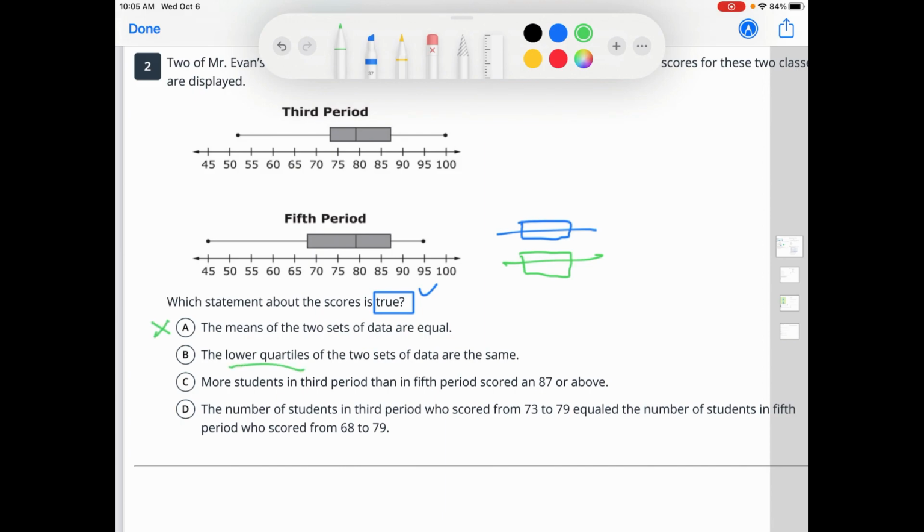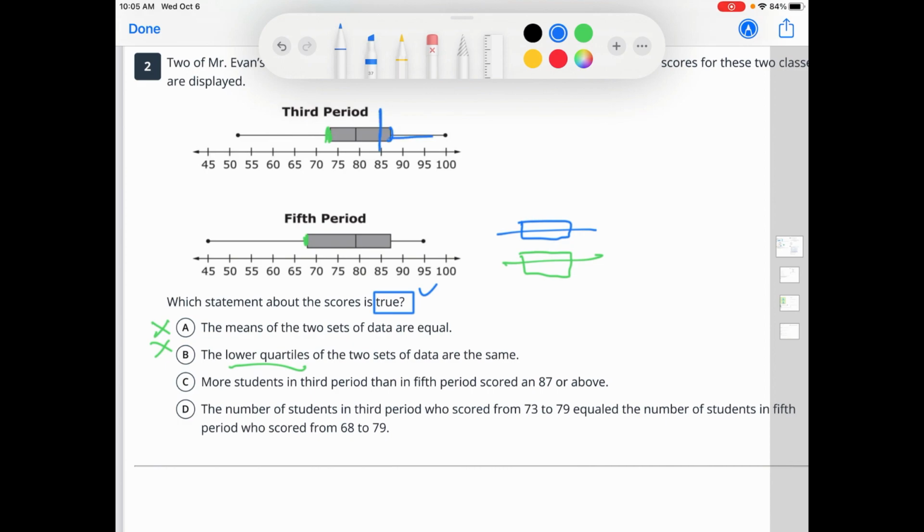The lower quartiles, so that would be the left side of the boxes, of the 2 sets are exactly the same. No, I think one is like 67 in 5th period and 72.5 in 3rd period. No. C, more students in 3rd period than 5th period scored an 87 or above. So 3rd period, an 87, so right here.